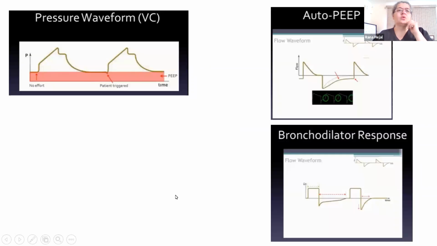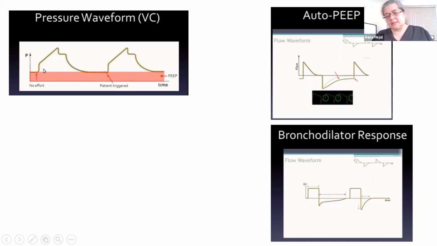This is something that you have to really look into every time. One thing that I didn't mention on the previous slide is, if you have decided to use a square wave for a flow of gas, the pressure is not square anymore. The pressure becomes like this. So the patient here doesn't have any effort.